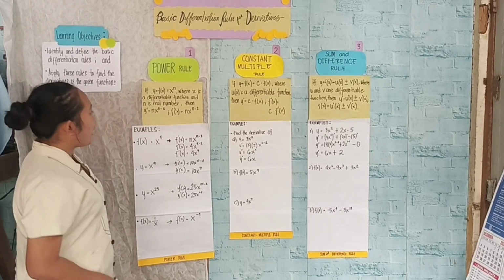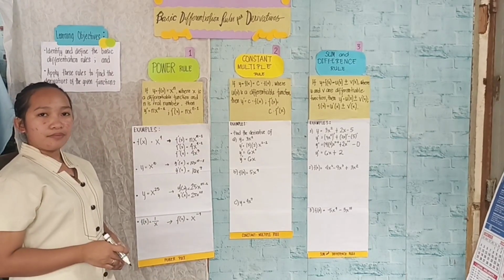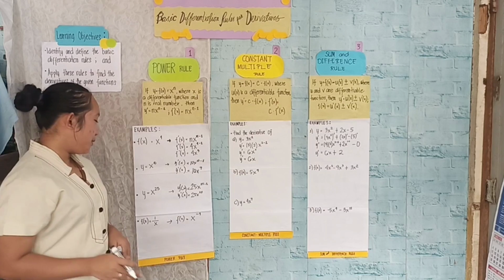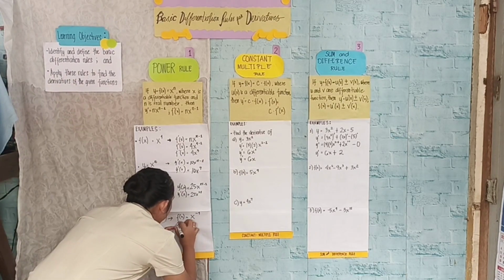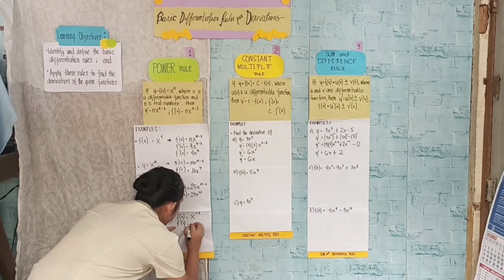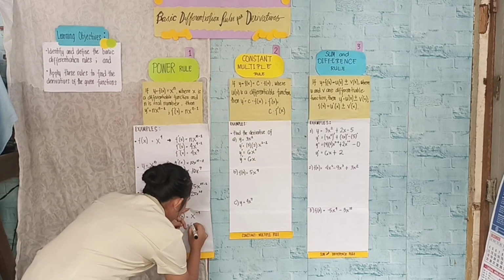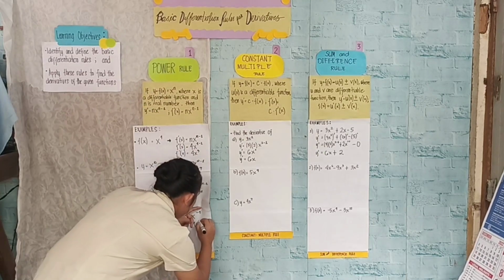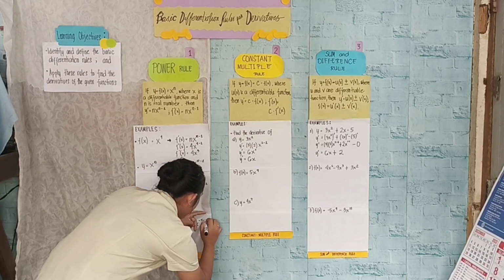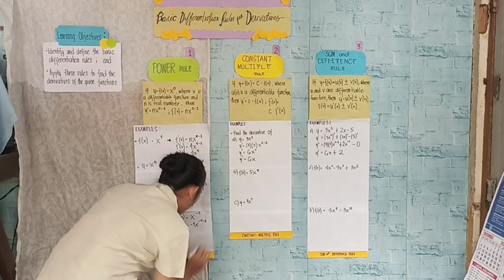So, what is our n value, class? Okay, good. Negative 1. So, f prime of x is equal to negative 1 times x raised to negative 1 minus 1.